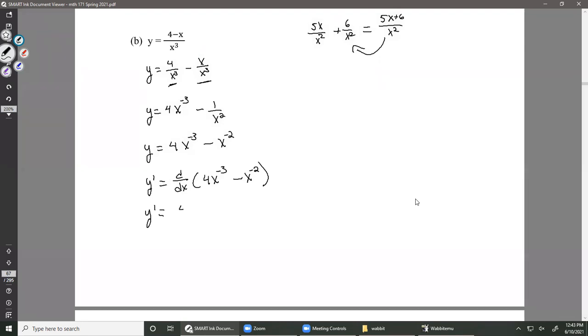That negative 3 comes down, so I have 4 times negative 3, x to the negative 3 minus 1, so subtract 1 off, minus negative 2, x to the negative 2 minus 1. Multiplying, simplifying, all that fun stuff, we get y prime is equal to negative 12, x to the negative 4, plus 2x to the negative 3.